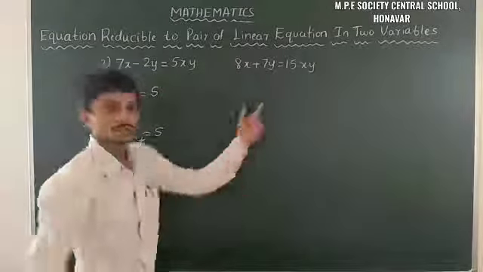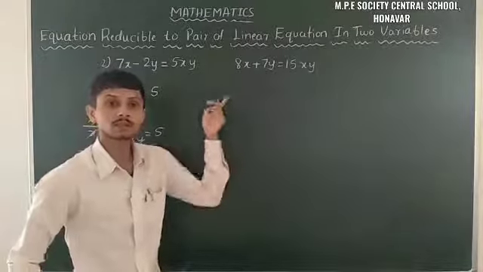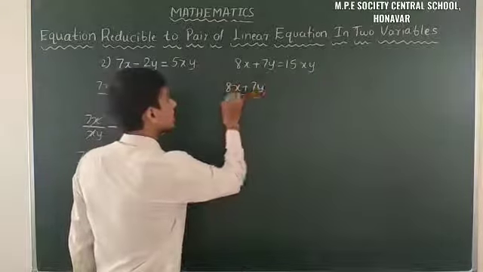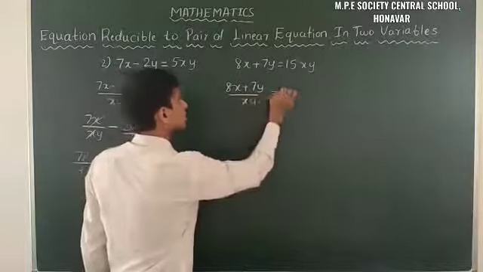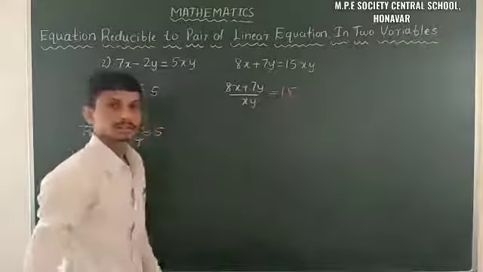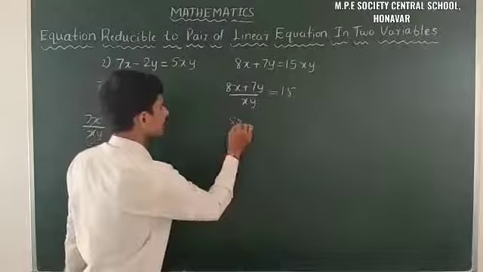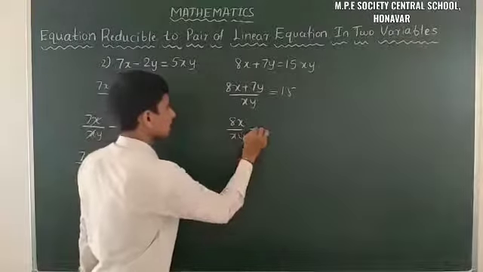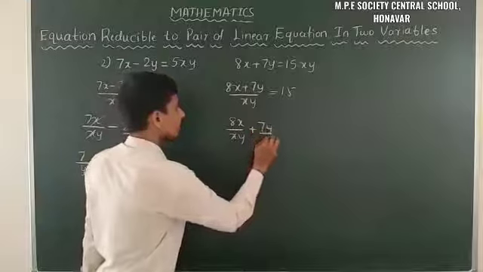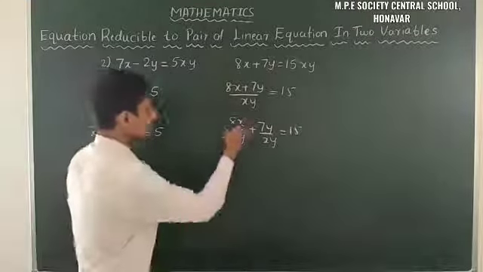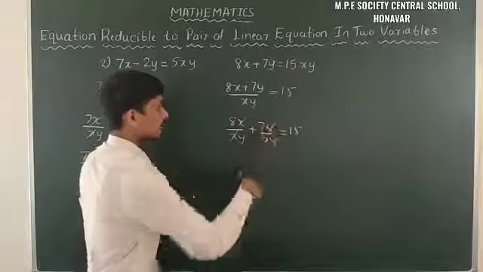So can we convert? Firstly we have to transpose xy to the LHS side. That is (8x plus 7y) divided by xy is equal to 15. Then we have to separate the denominator. So that is 8x by xy plus 7y by xy is equal to 15. Then here I will cancel out x, here I will cancel out y.